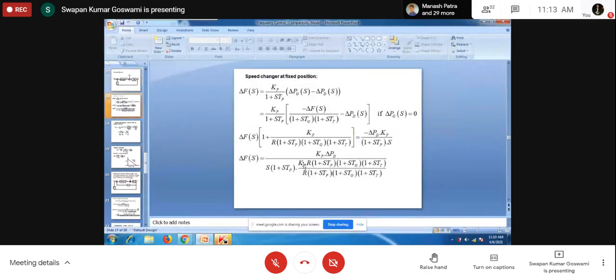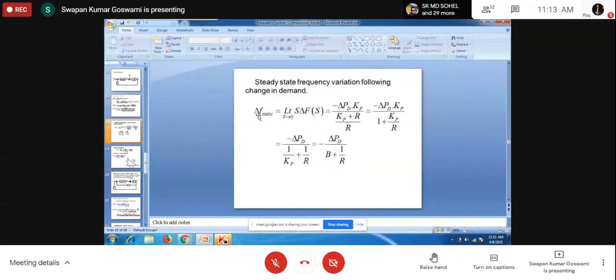So if this is the expression for del f s, to find the static or steady state change in frequency, again you can employ the final value theorem, where we find the value of s times delta fs as s approaches zero.